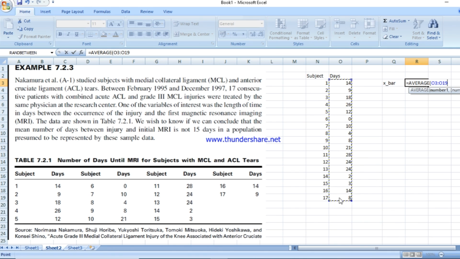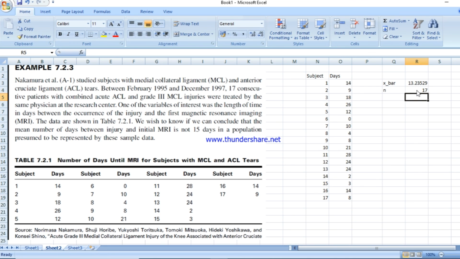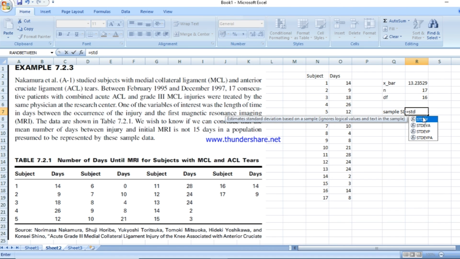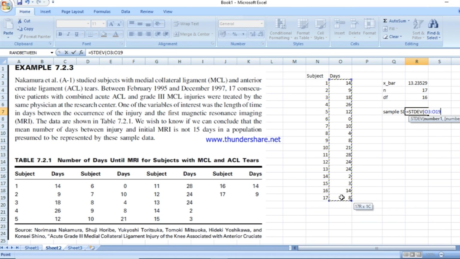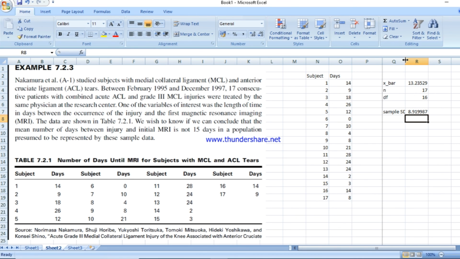Then the sample size is 17. Since we are making use of the t distribution, we'll go for degrees of freedom, which is one less than the number of observations. Then we'll find the sample standard deviation, which is nothing but STDEV. So this is the sample standard deviation.